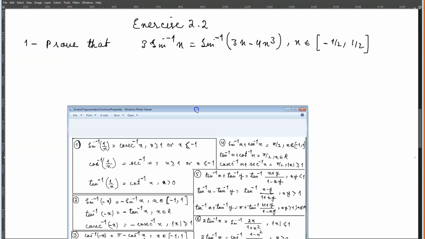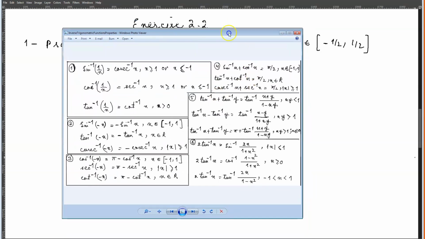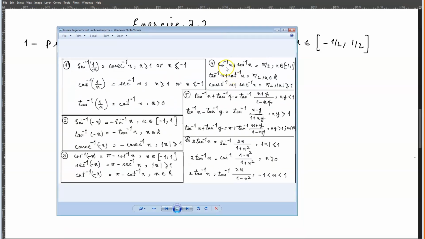So these are not the kinds of things that we can use here. Here we have basically sine inverse plus cos inverse, tan inverse plus cot inverse, and cosecant inverse plus secant inverse, all equal to pi by 2 for these domains. And basically here we have tan inverse of x plus tan inverse of y, a couple of formulas for that.